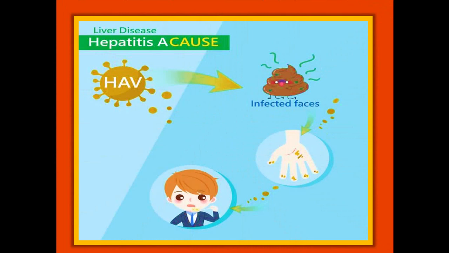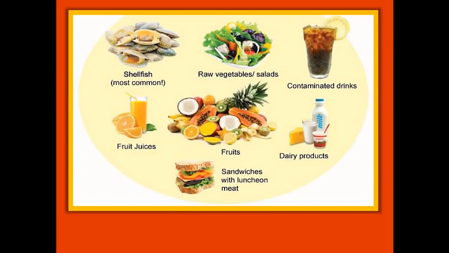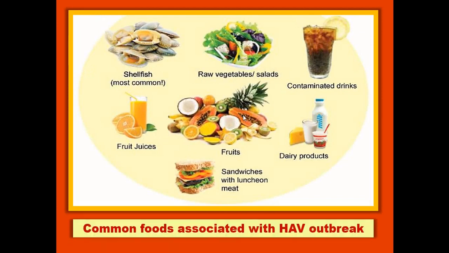Again, the fecal-oral route is the main route of infection. These are the foods most associated with hepatitis A virus, the most common being shellfish, raw vegetables and salads. This is what causes the epidemic or outbreak pattern of infection of hepatitis A virus, not a sporadic fashion.